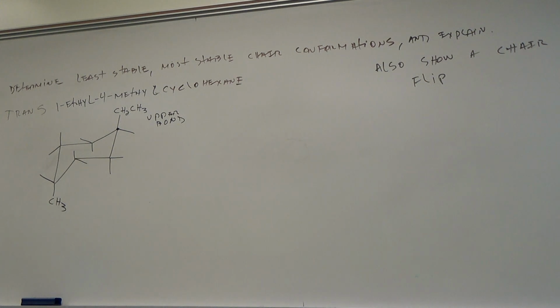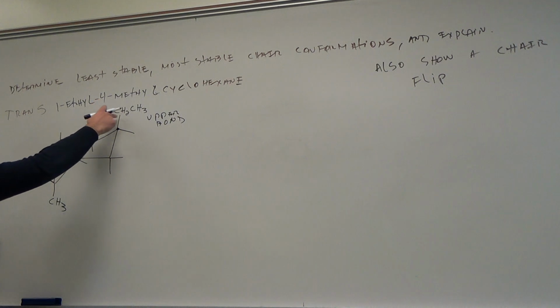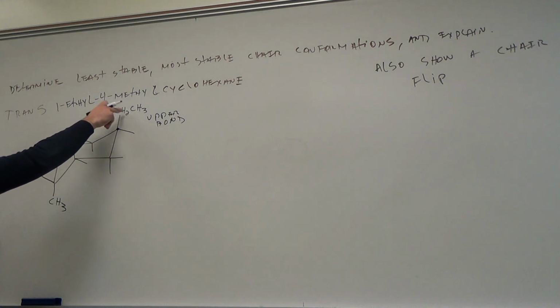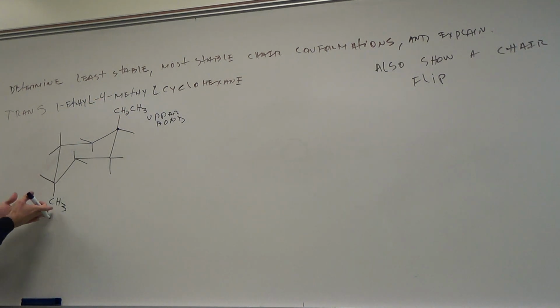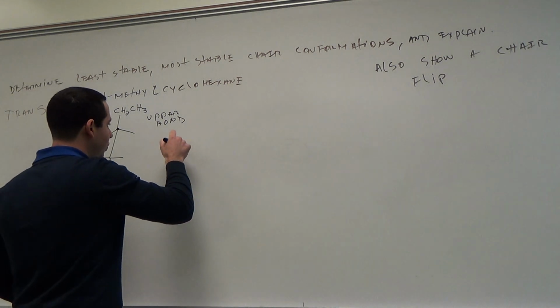Does it like to be like this? No. Now this will feel diaxial, 1,3 diaxial interaction. And this is also going to feel 1,3 diaxial interaction. So this is very bad. Looking very bad. So this is going to do a chair flip.